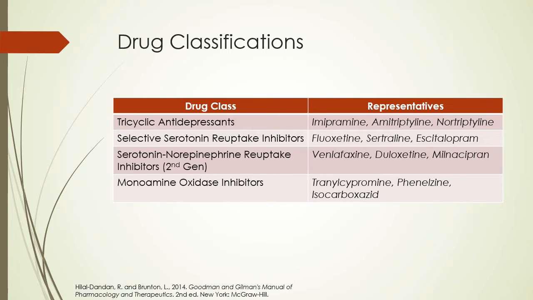Imipramine can be used to treat abnormal nocturnal enuresis, which means that these patients wet their beds and they are older than 4 years old. Next would be amitriptyline. The special information for amitriptyline is that it colors the urine green.